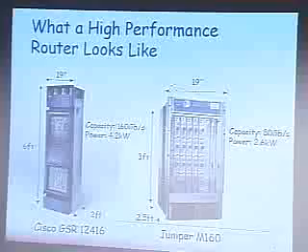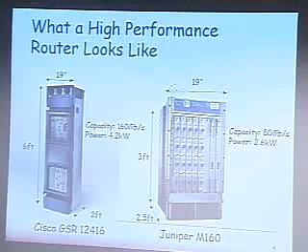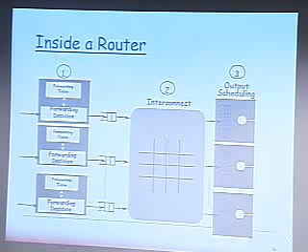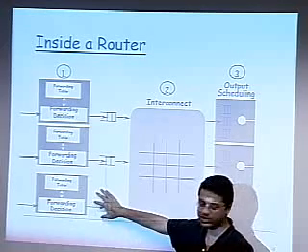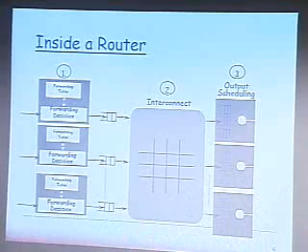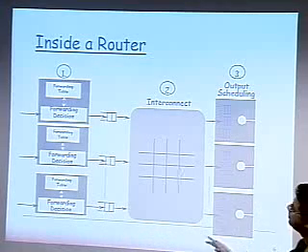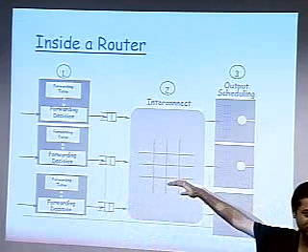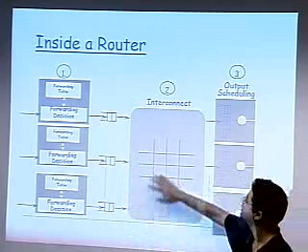So these are what modern routers look like, and inside the router you have basically 3 different parts. One is the input switch or the input link where all the packets are coming into a router. That is the input port of a router, and you have multiple input ports depending on the number of input links that you have.